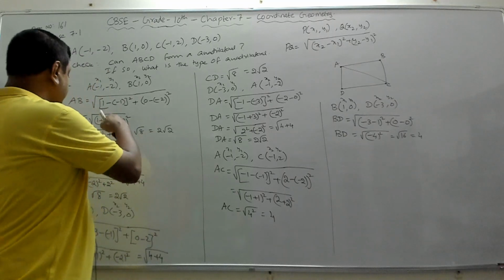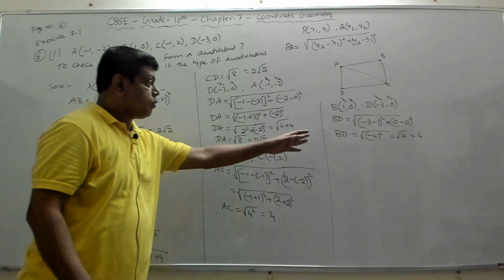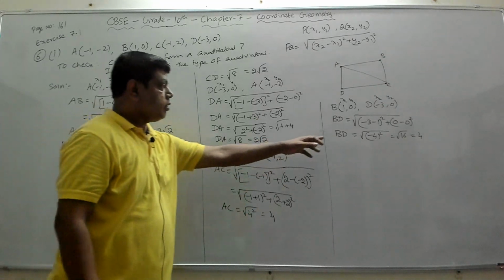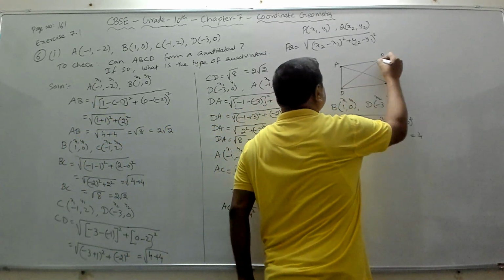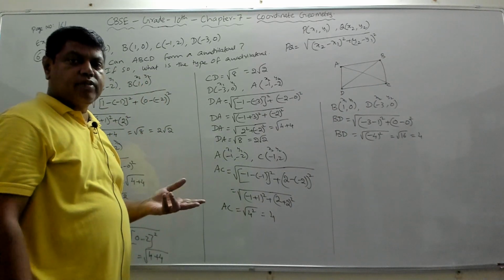So when all four sides are equal, it forms a quadrilateral, and the diagonals are equal too. The length of the diagonal AC is 4 and BD is also 4. Therefore, it becomes a square. When all four sides are equal and the diagonal lengths are equal, it becomes a square.